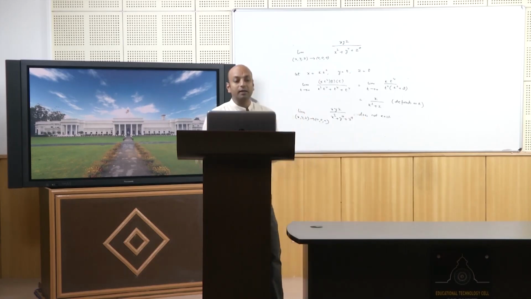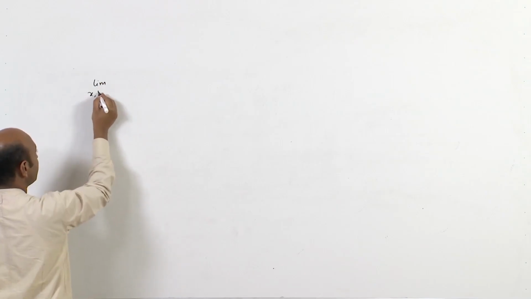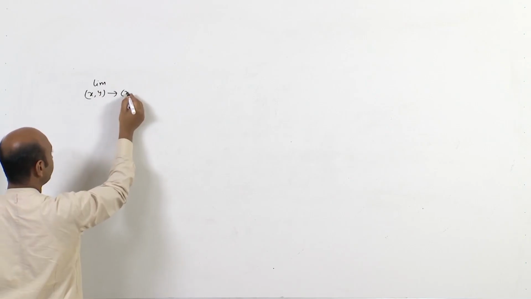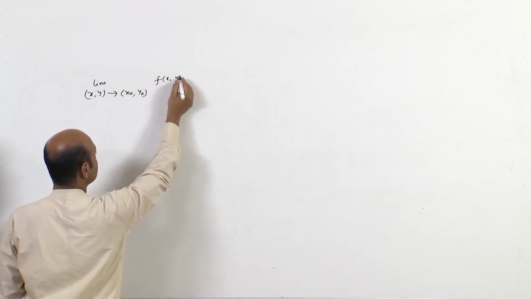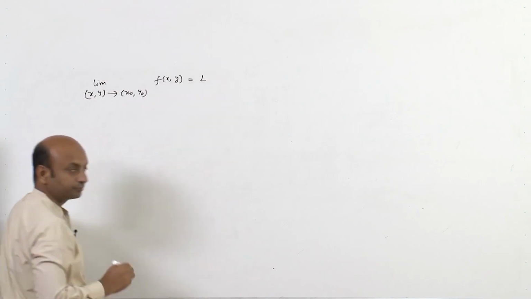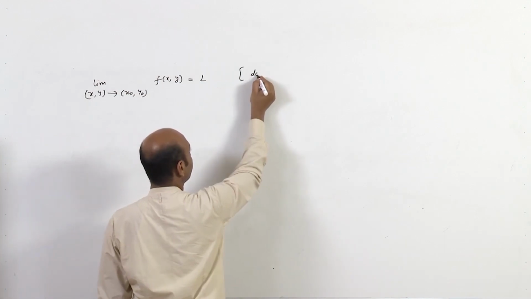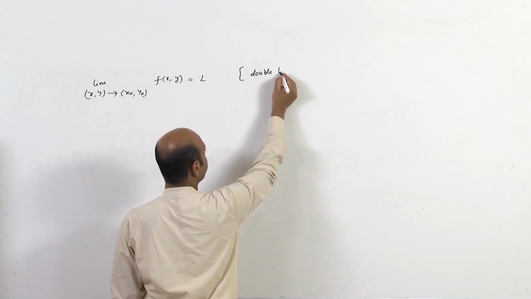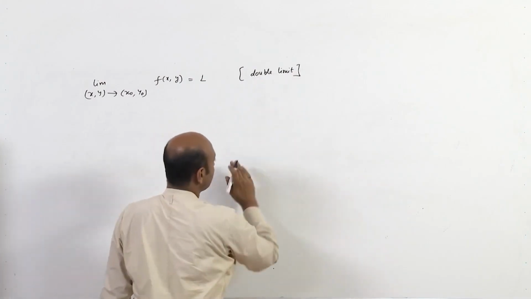Now we will talk about iterated limits and the double limit. What does it mean? You see that the double limit is this thing: the limit as (x, y) tends to (x naught, y naught) of f(x, y). Suppose it exists and is equal to L, it is called the double limit. And the other things are iterated limits.